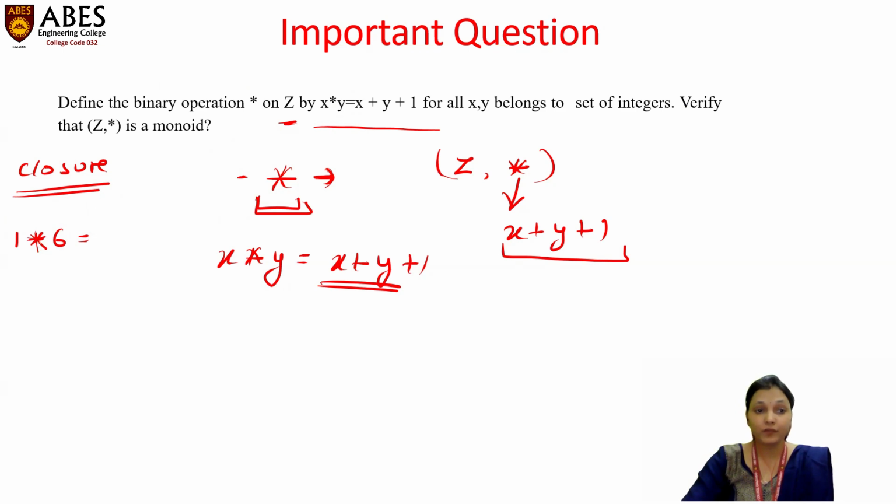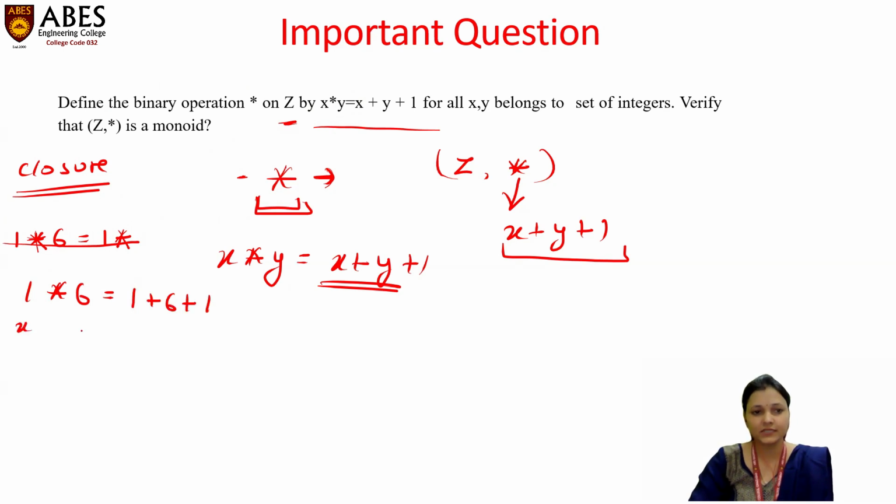If we apply this operation between 1 and 6, we will get the first operand plus the second operand plus 1. This is 1 plus 6 plus 1.